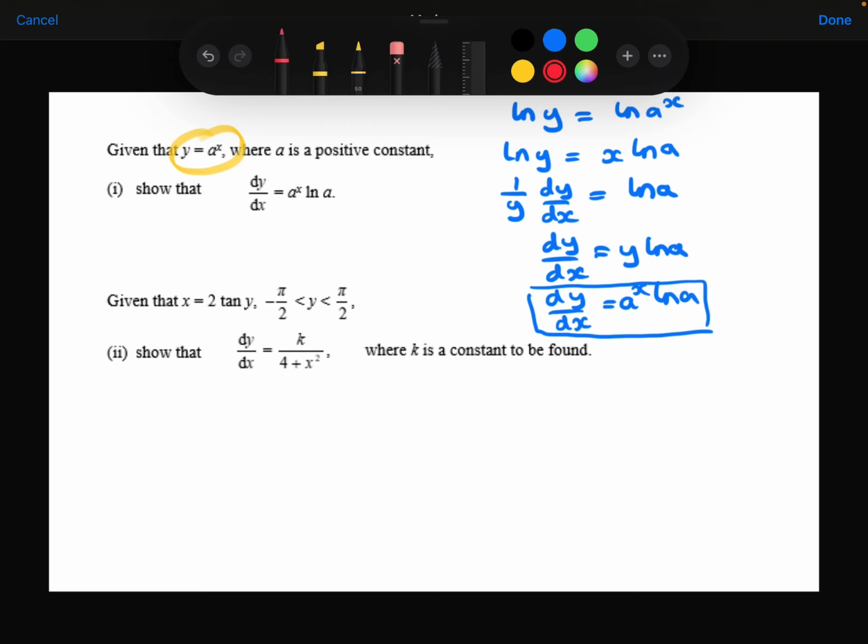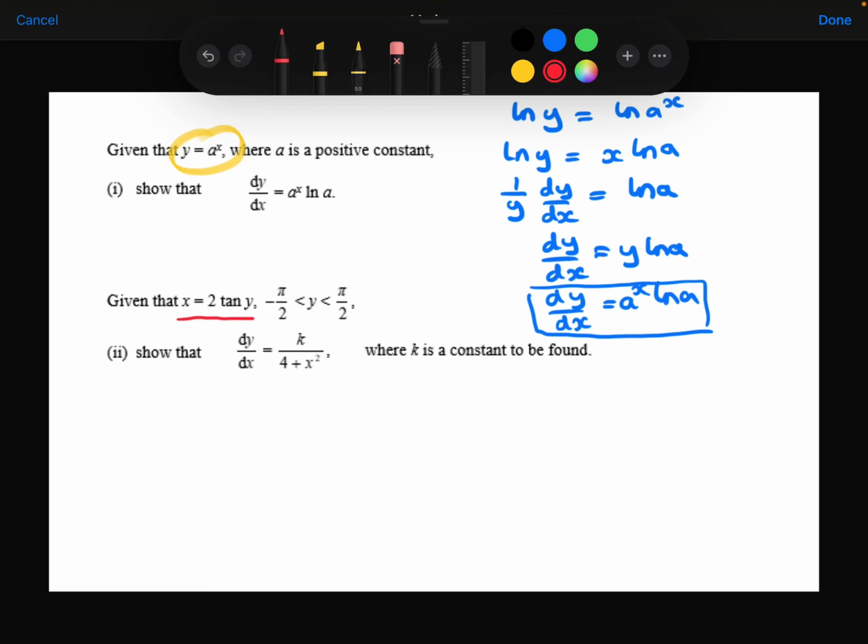Next, we're told that x is 2 tan y, where y is between minus pi over 2 and pi over 2. And we need to show that dy by dx is equal to k over 4 plus x squared. So I'm going to start off by differentiating both sides here with respect to y.